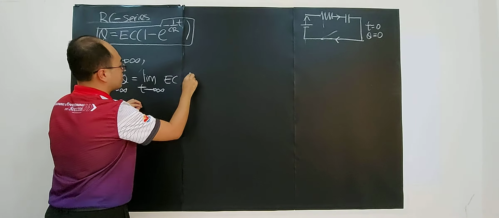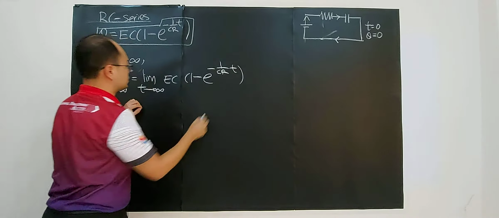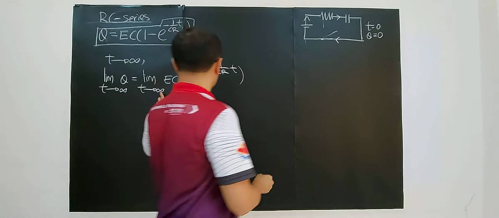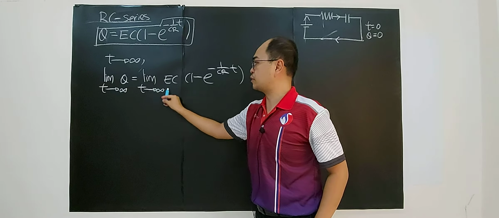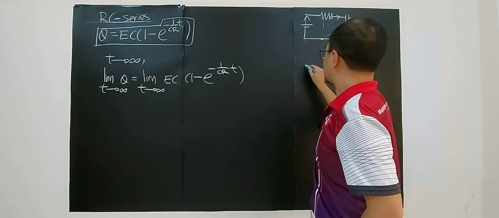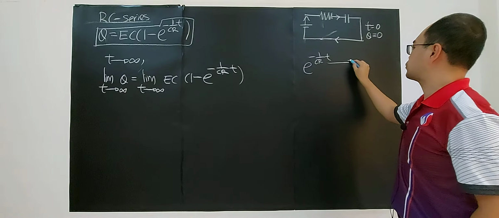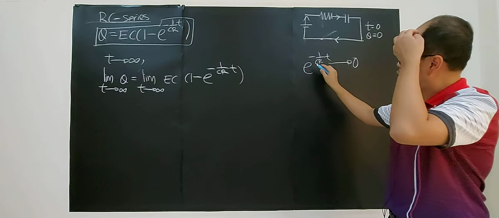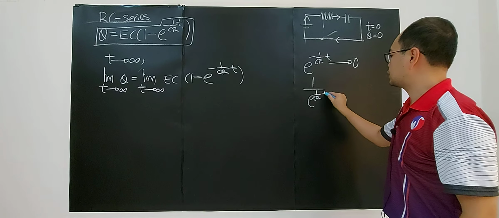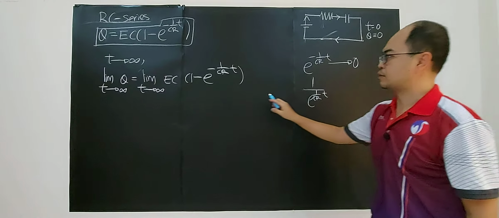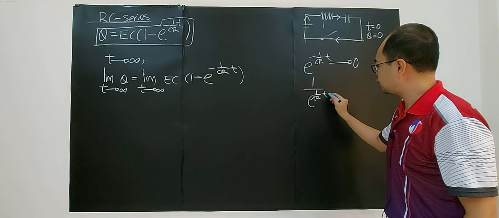The limit of EC(1 minus e to the negative t over CR), as t approaches positive infinity, this variable here will end up being 0. Do you know why? Because e to the t over CR, as t approaches infinity, this whole thing will approach infinity.